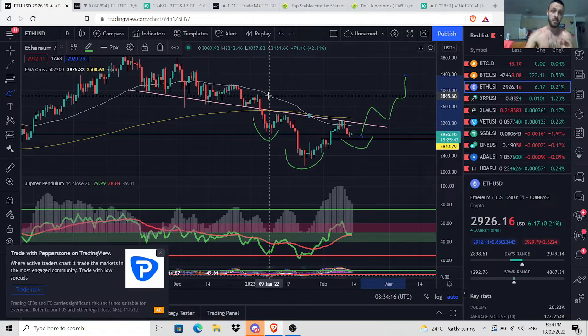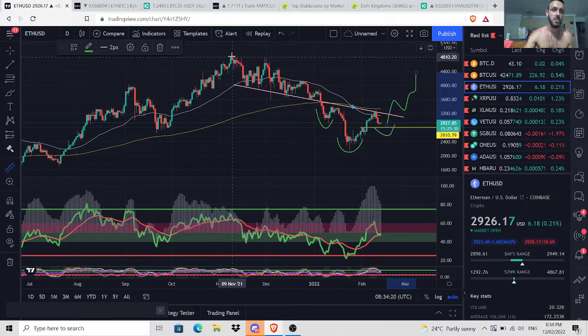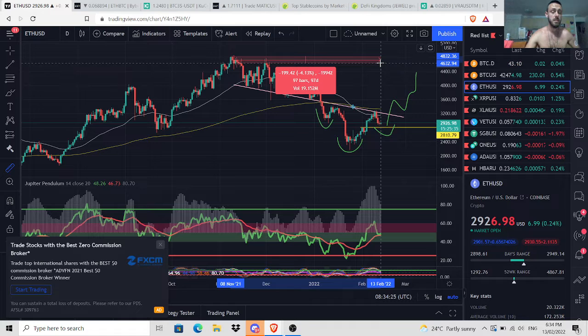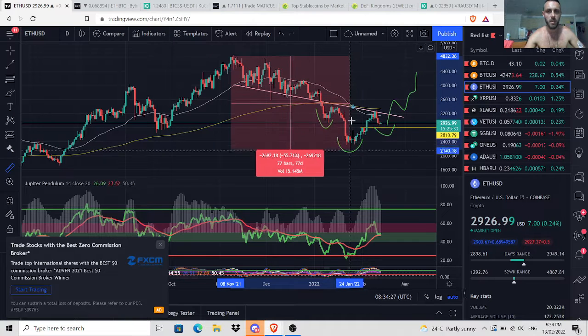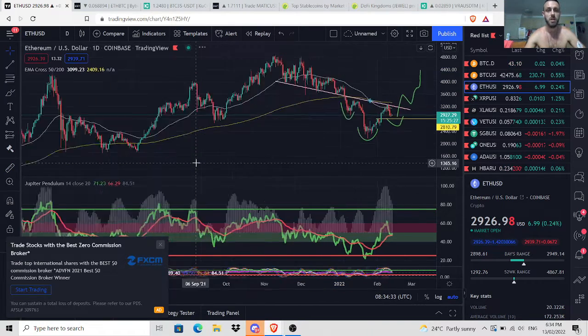That is likely. It's very likely to happen, especially after consolidating for this long, which is 97 days. That's a while. It's usually a pretty decent correction, and a 55% pullback, 50% pullback. That is also a decent correction.